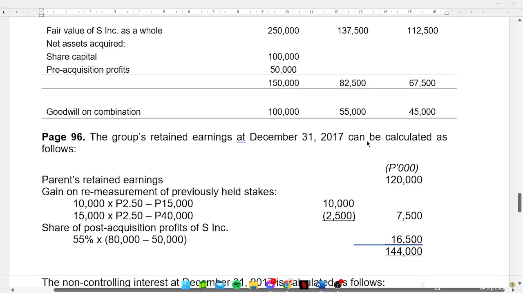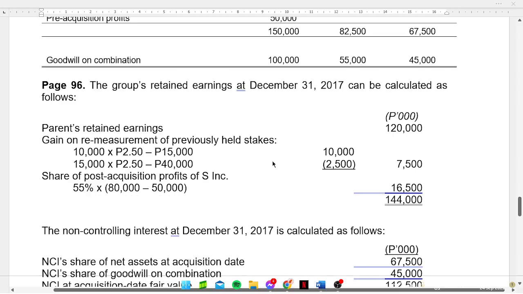45,000. And next, the group's retained earnings at December 31, 2017 can be calculated as followed. Parent's retained earnings is 120,000. Gain on remeasurement on previously held stakes.